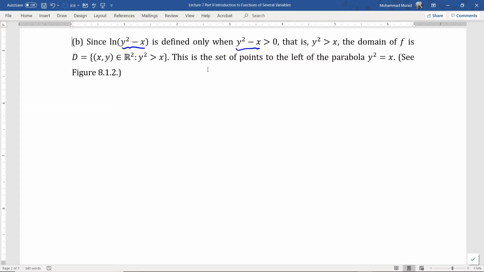The domain of f is the set D of all ordered pairs x comma y in R2 space such that y squared is greater than x. This is the set of points to the left of the parabola defined by the equation y squared equals x, as shown in the following figure.